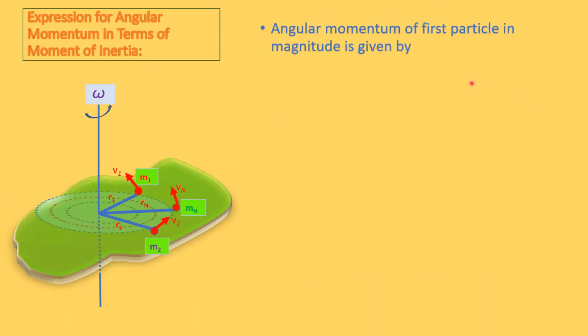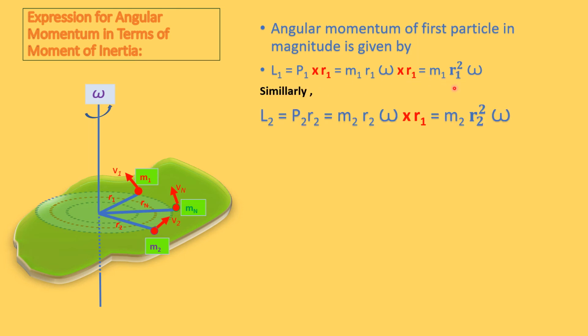Thus, the angular momentum of the first particle in magnitude is given by L1 is equal to P1 into R1, that is equal to m1 R1 omega into R1, and we get the final equation L1 is equal to m1 R1 square omega. Similarly, we can find the angular momentum of the second particle as L2 is equal to P2 R2, which gives m2 R2 square omega.